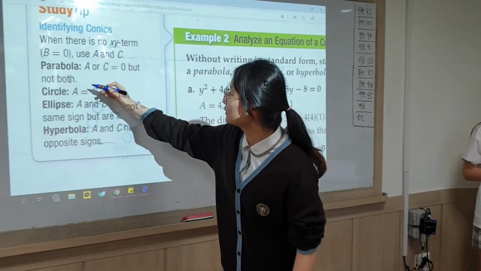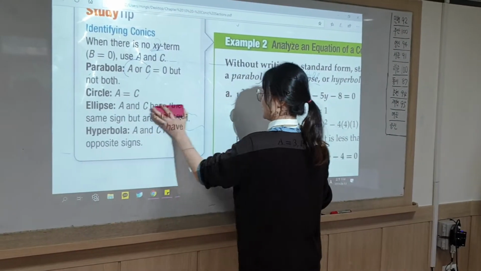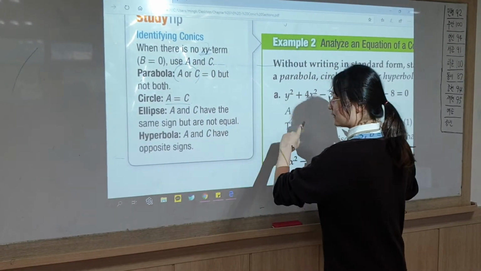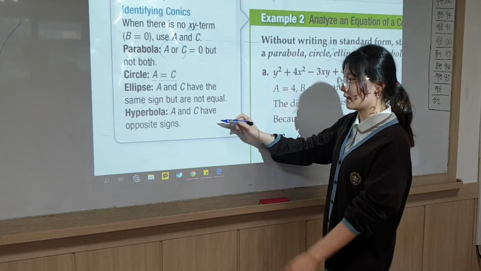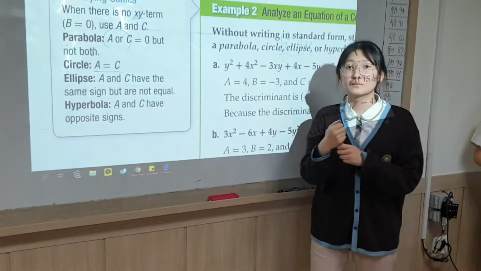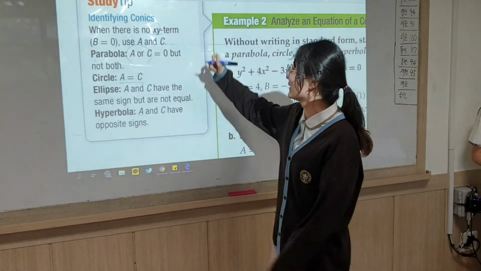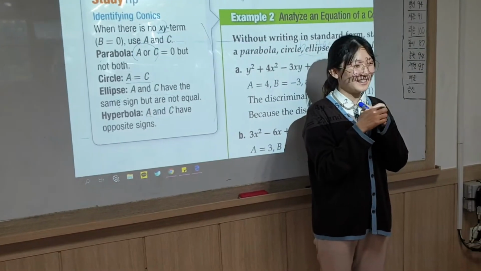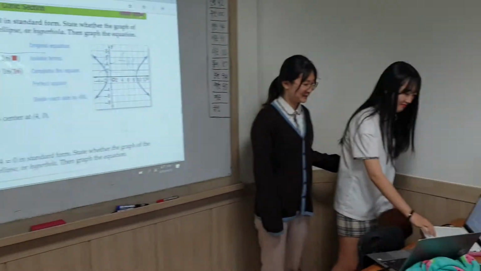That's why we can do it just with A or C. A equals C if it's a circle, and for ellipse, A and C have the same sign but are not equal, and for hyperbola A and C have opposite signs. Okay, that's a great tip, only for this no xy term part. Then I'll pass on to Yeowon for examples.